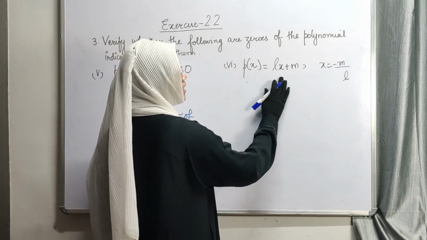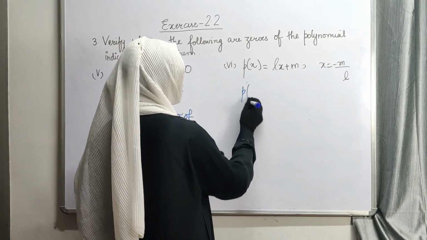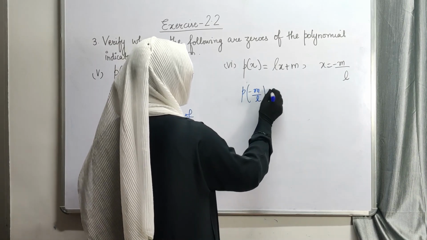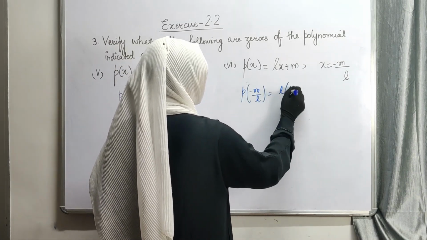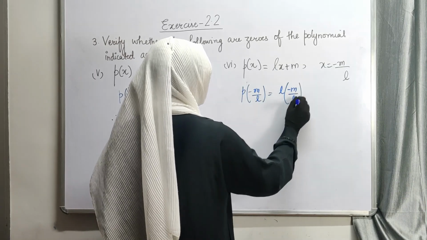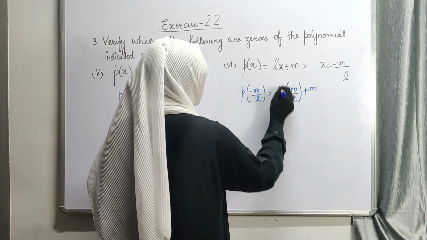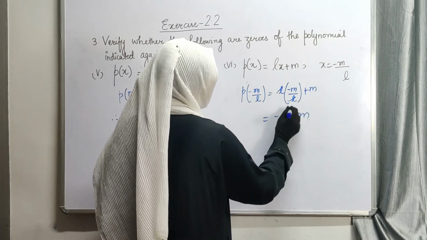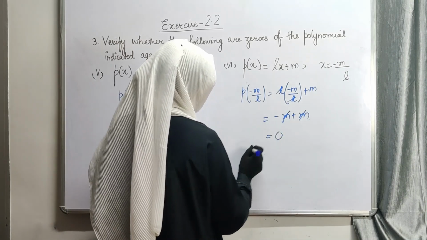p(x) is equal to lx plus m. Substitute the value of x as minus m upon l, which is equal to l times minus m upon l plus m. l cancels, minus m plus m equals 0.